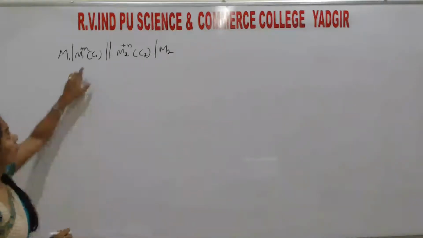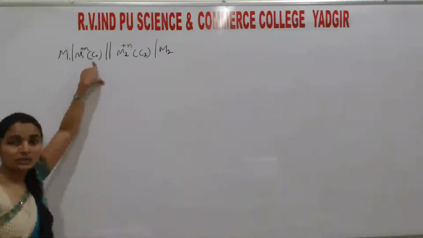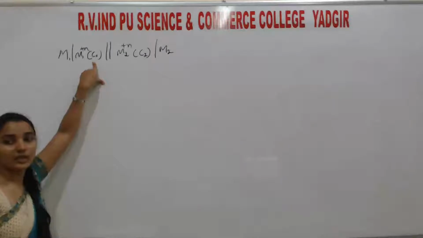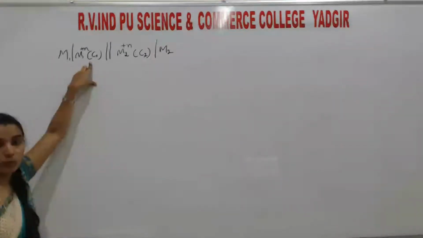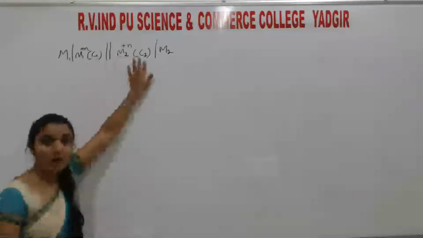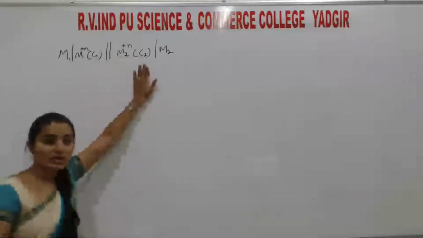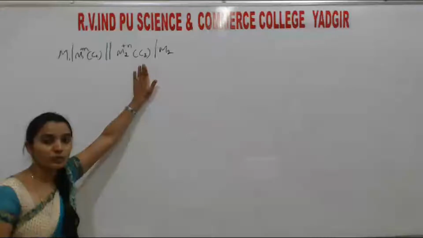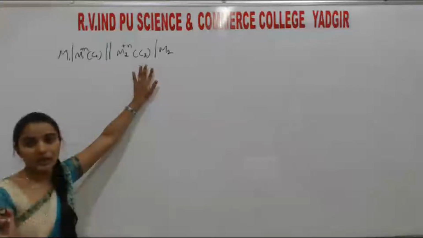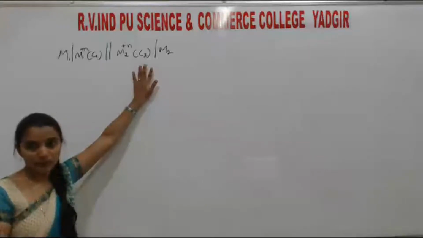Understand? It means we need to represent the concentration, like zinc is 0.01 molar, 0.02 molar, like that. The concentration should be mentioned in the representation of the cell. Later I will give it. Okay.